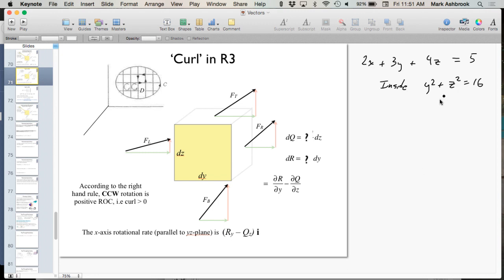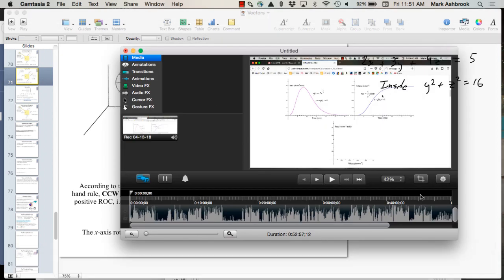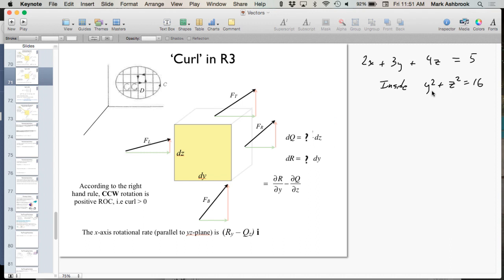Okay, so the fact that it's restricted to inside y squared plus z squared equals 16 might make you think that you're going to use some kind of theta or some rotational parameter, but that's just the restriction.